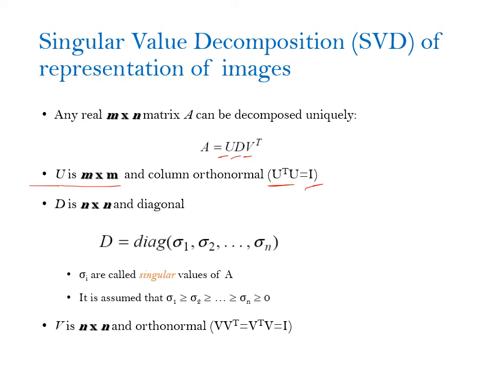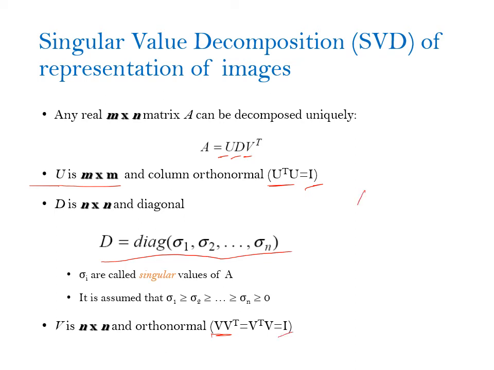The other is diagonal, and the diagonal values D represent the singular values. The singular values are assumed to be greater than 0. The other is the row orthonormal matrix, N by N, and these are orthonormal. That means the product of the transpose and itself will result in the identity matrix.